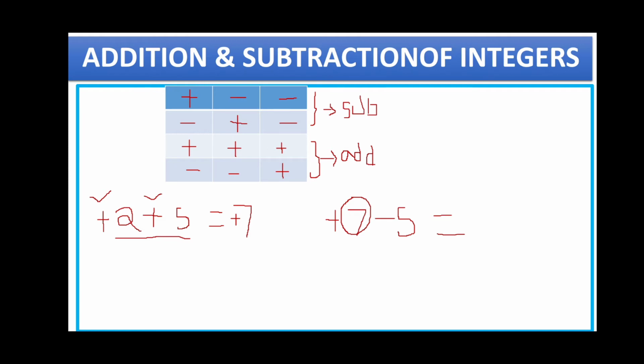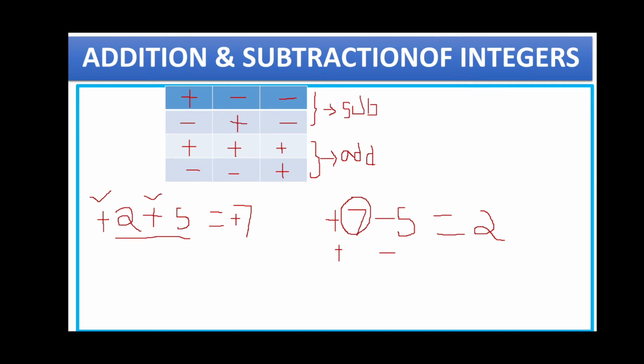So let us start doing subtraction. 7 minus 5. 7 contains plus and 5 contains minus. So for 7 minus 5, we have to do subtraction because the signs are different, which gives 2. And which sign will we get for the 2? Plus or minus?